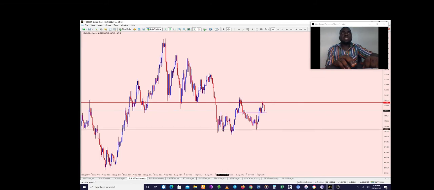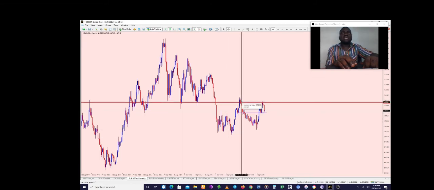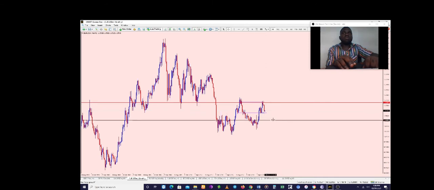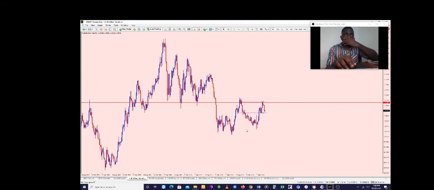So this was in history. It came to test it, then descended, and it is testing it again. So this is basically a classical example of support and resistance characteristics, if you will.